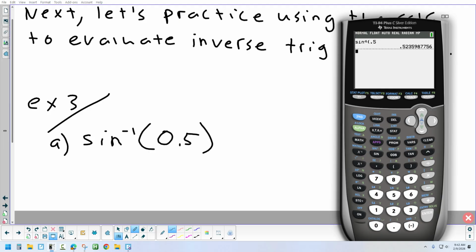Okay, so it gives you that as a decimal. Now, let's say that I wanted an exact answer. How could I use the calculator to help me get that exact? I know it's this, but how could I figure that out on the calculator?